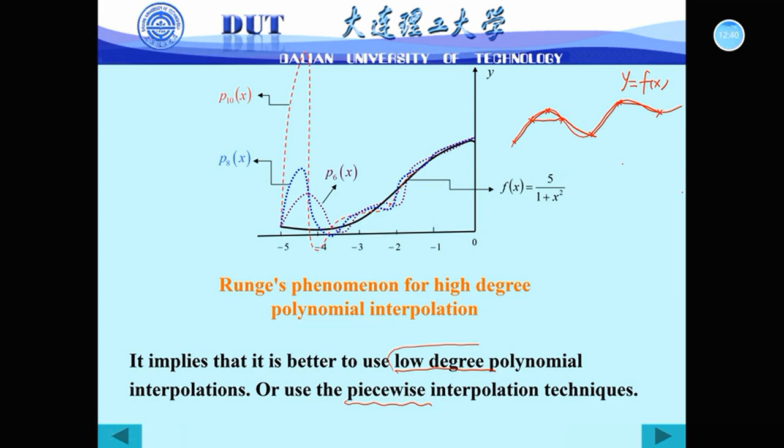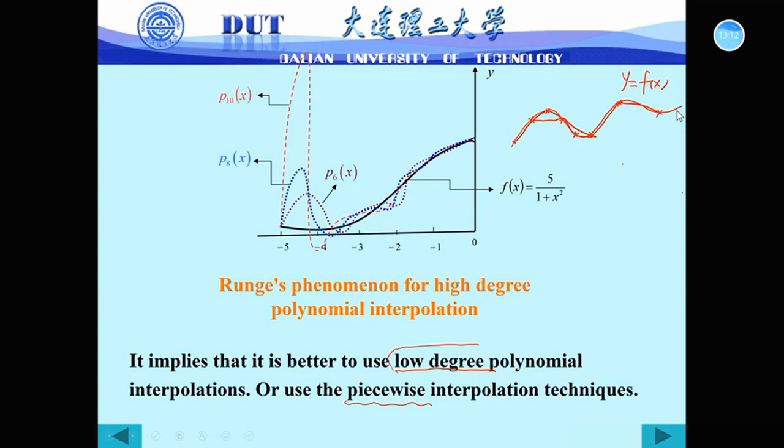Then if we add one point here, we can use this straight line, and the polygon line is even closer to the curve. Now we have convergence. When we increase the number of nodes or sample points, the polygon line converges to the curve. It's okay?